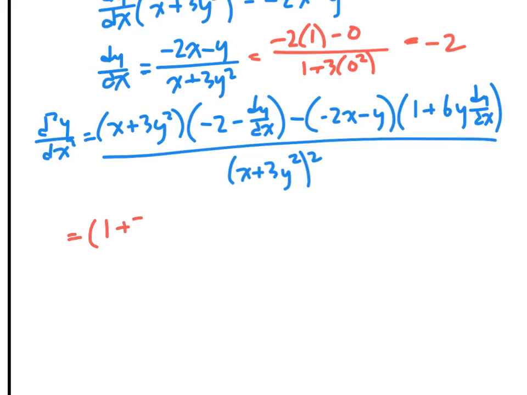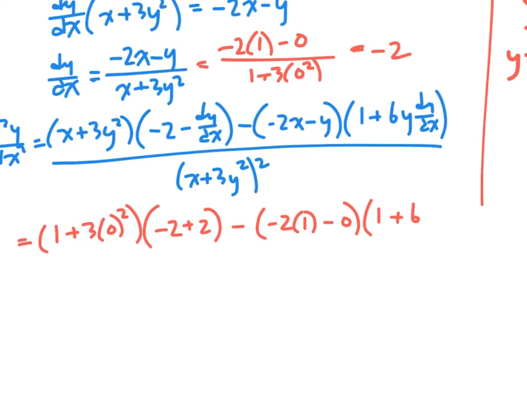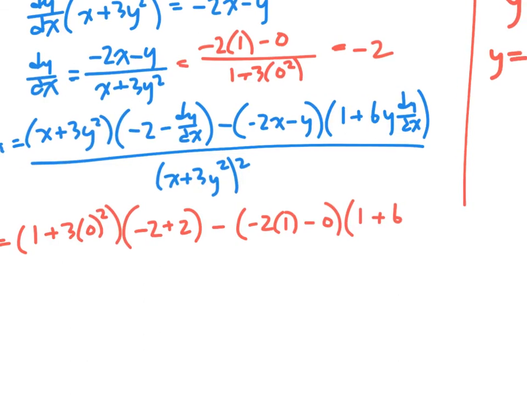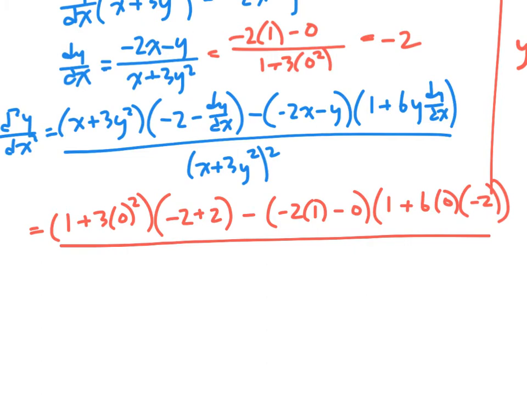So 1 plus 3 times 0 squared, times negative 2 minus 2, minus negative 2 times 1 minus 0 times 1 plus 6 times, I'm sorry, I forgot, y is 0, and then dy/dx is negative 2, all over 1 plus 3 times 0 squared.